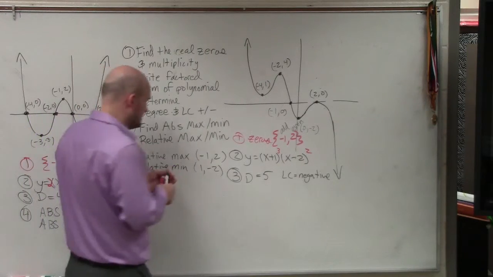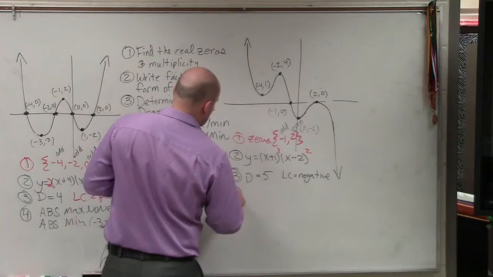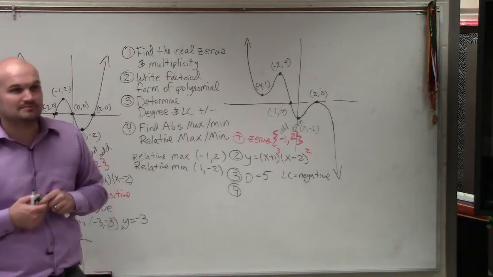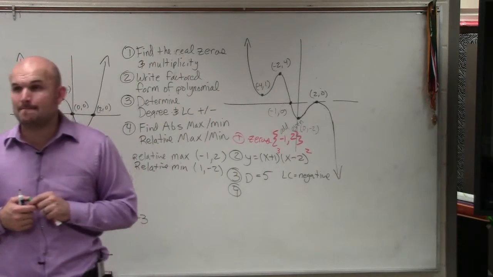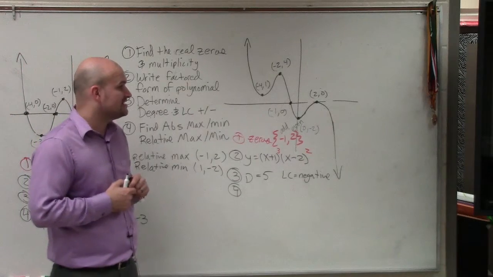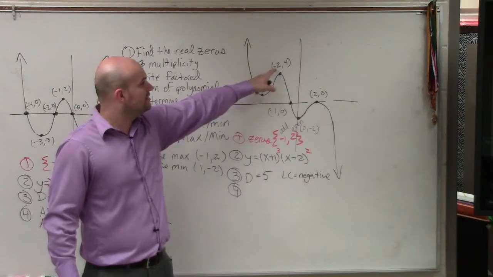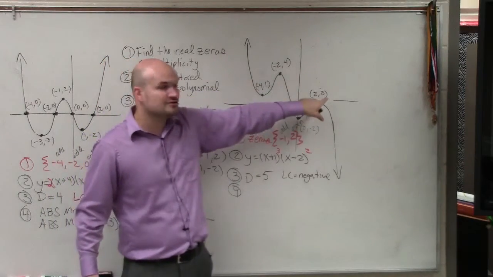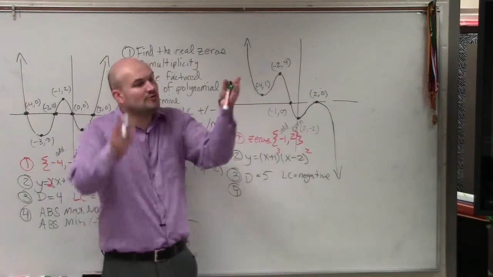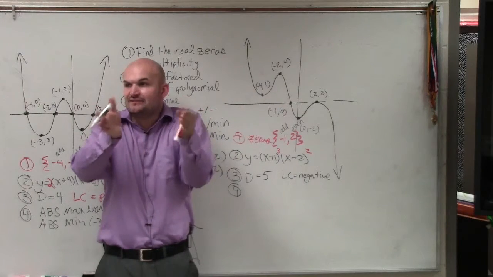Now let's go and look at the relative min, relative max. First of all, is there any absolute maximum? Nope. Is there any absolute minimum? No. Let's look at relative maximums. The relative max is going to be -2, 4, and actually 2, 0. Those are both maximum values between a given set of values.